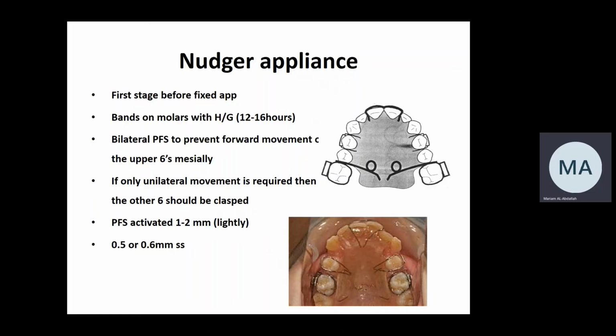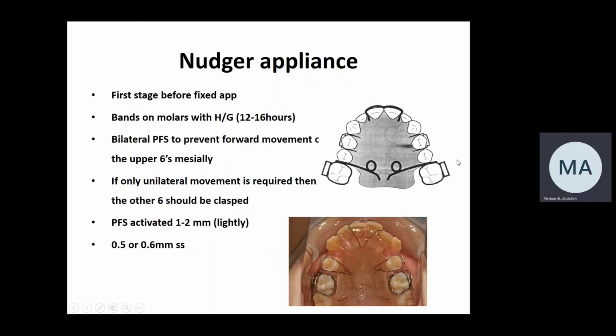Usually he wears it 14 hours out of the 24 hours. Now, the nudger should be worn full time, and it is used, as I said, to maintain the progress that the patient had with his headgear.